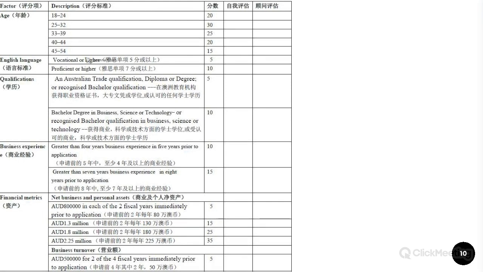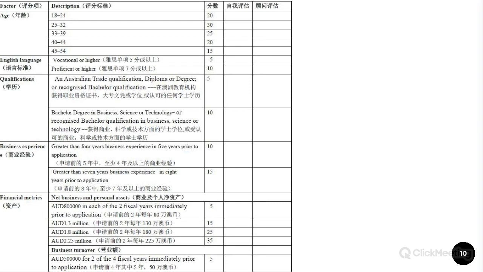English, okay. Unlike skilled migration, where the minimum requirement is IELTS 6 on each band, which can be PTE or any other English exam, I'll just give you some common ones, PTE exam or IELTS, 6 on each band. That's the minimum requirement.